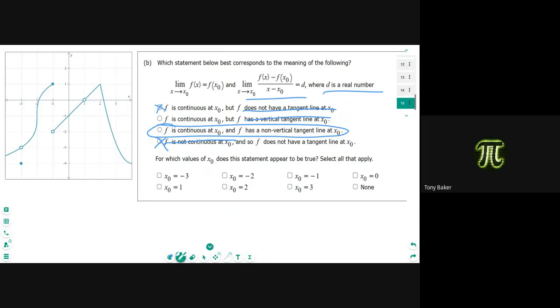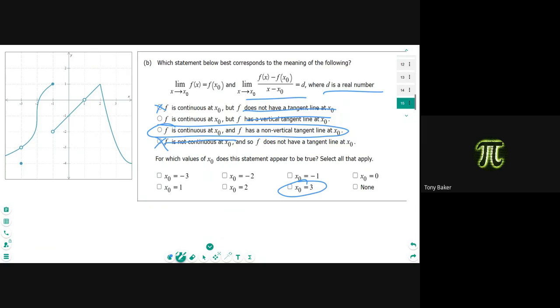All right. So which values does this work for? Okay. Why? Good guess. Why? Yeah.